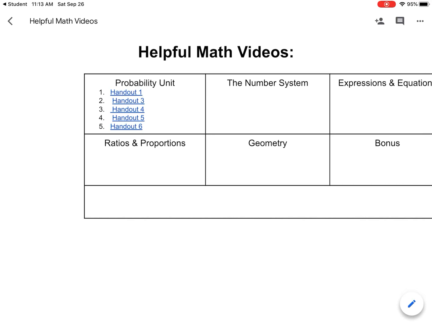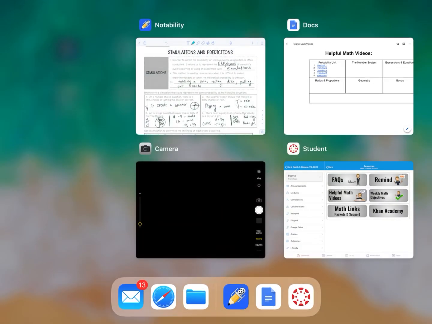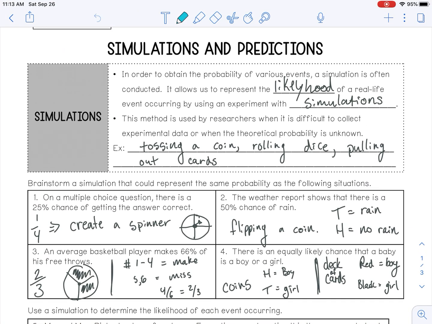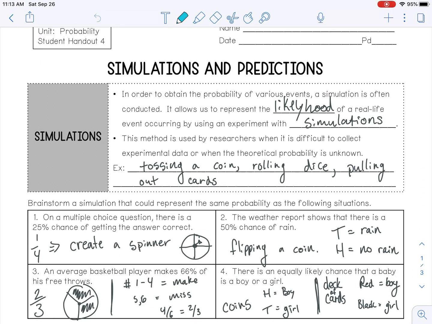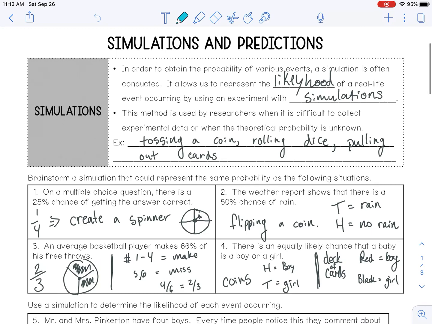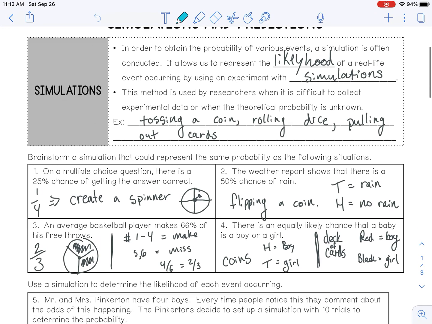So this is a nice video for you if you missed it, or you have your notes, which right here is simulations and predictions. So in your video is handout 4, right? So simulations and predictions, these were our notes. We filled these out, right?